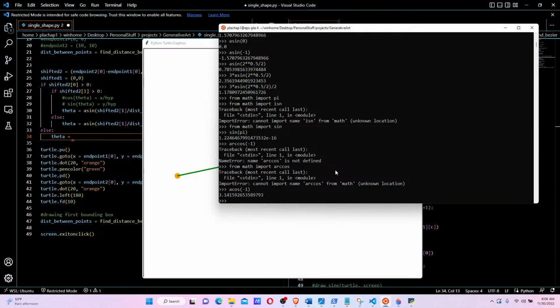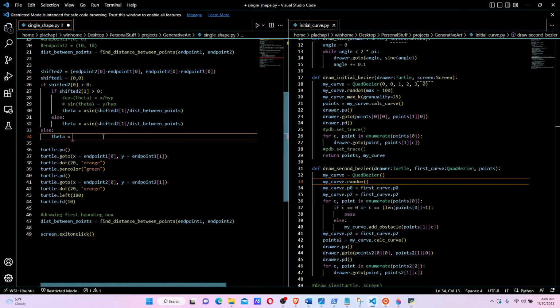So if x is less than, yeah, then theta equals acos of shifted 2 of 0, so the x value. Oh, that's not so bad. It's just been so long since I did any trigonometry. It's hard to think about, which I took for granted when I was used to thinking about it. So now we have theta.